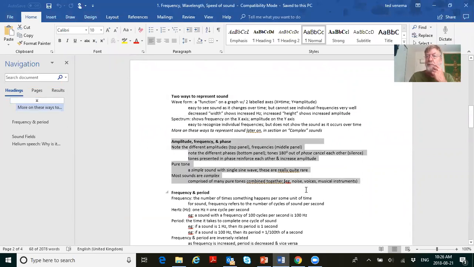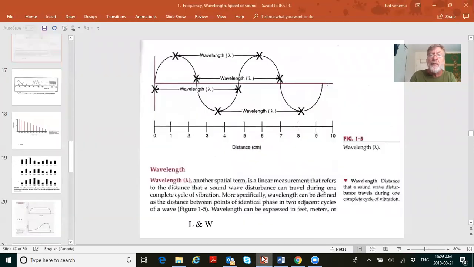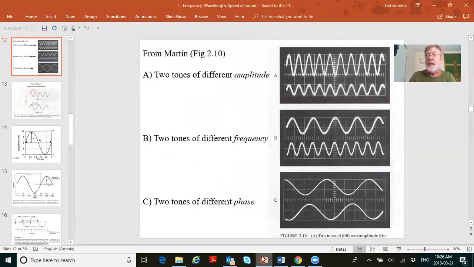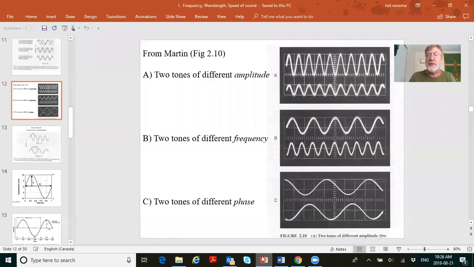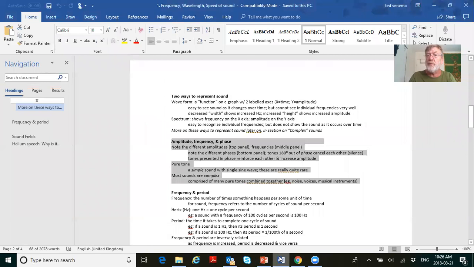We talked about amplitude, frequency, and phase or time. Note the different amplitudes, and see this grayed area here? This gray area refers to this slide and this slide. That's what that grayed out area in your notes refers to.